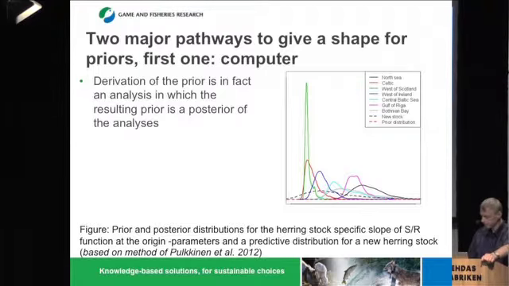You can see that the result of the meta-analysis provides stock-specific posteriors for each stock, but also gives a predictive distribution for an unobserved stock, which could then be used as a prior for your own study.